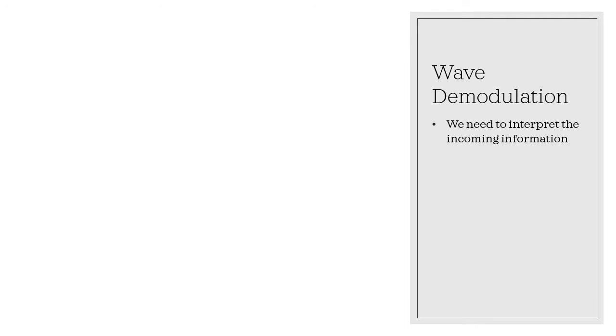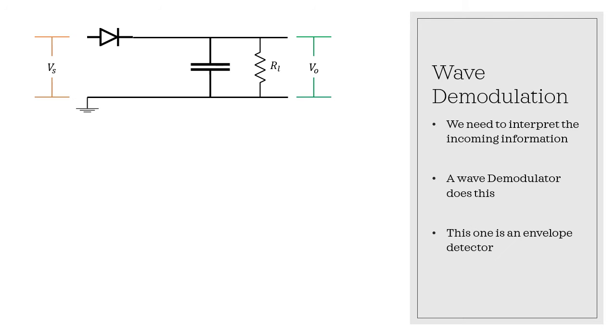And our wave envelope contains all the information that we care about, and we need to separate it from our carrier frequency, which we only care about in terms of the wave envelope. So we're going to need a wave demodulator to set this up, to get our information out that we want. And here we have an example of a very simple envelope detector.